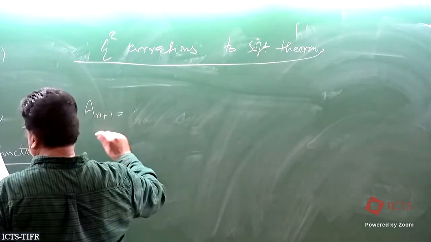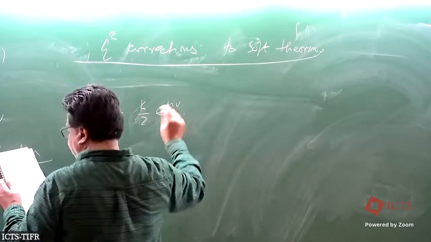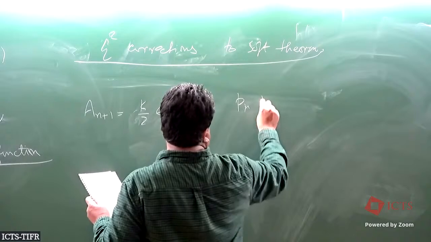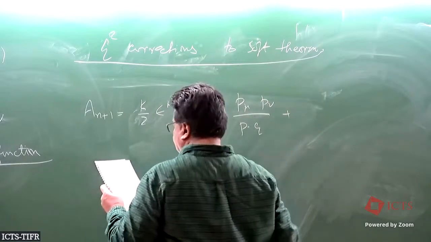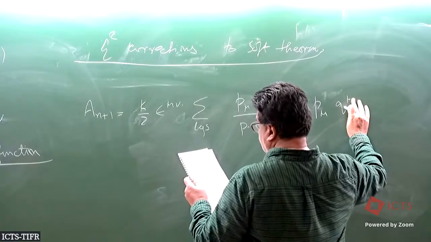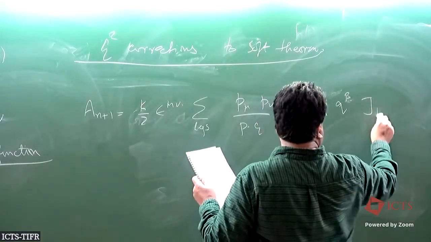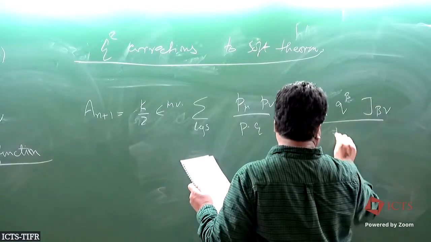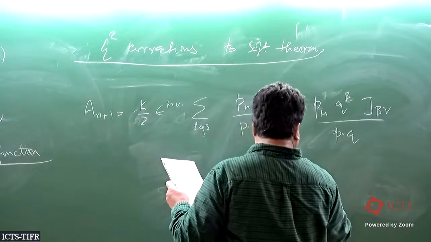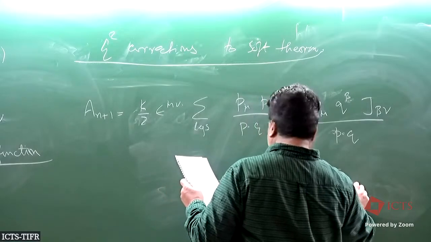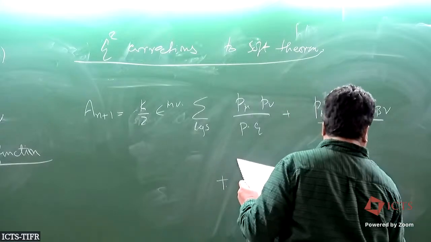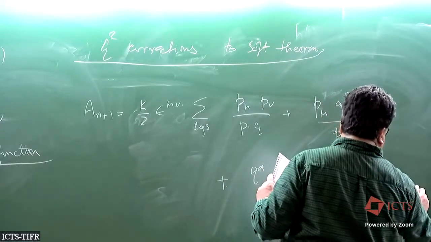N plus 1 is the sum over all legs, the same thing you do for the momentum at all legs, P mu P nu divided by P dot Q, plus P mu Q beta divided by P dot Q, times A N. So there are corrections.